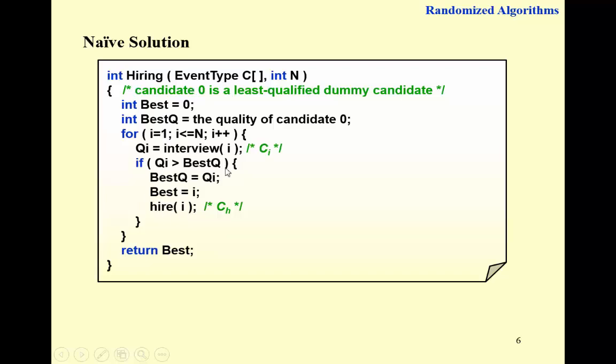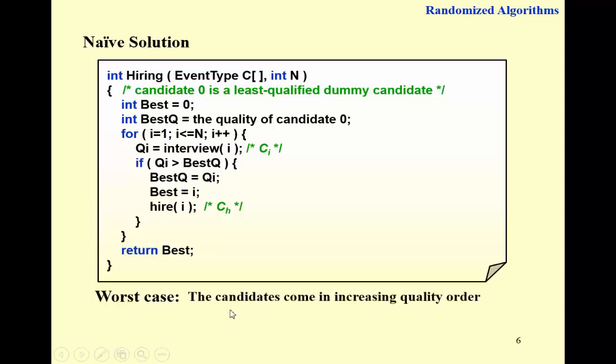And if we find another one, we will have to fire the previous one and hire this one again. All right. But the advantage of this naive solution is that it's guaranteed that the final best candidate is indeed the best candidate. But what is the worst case?